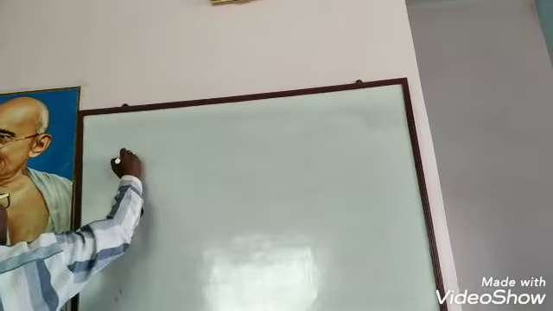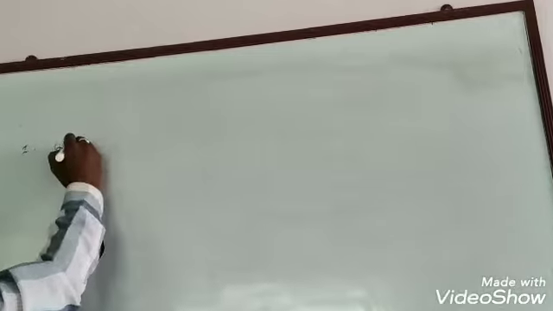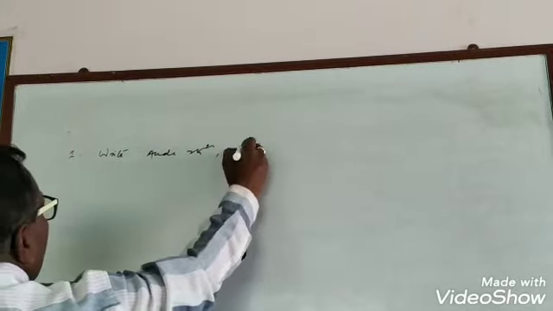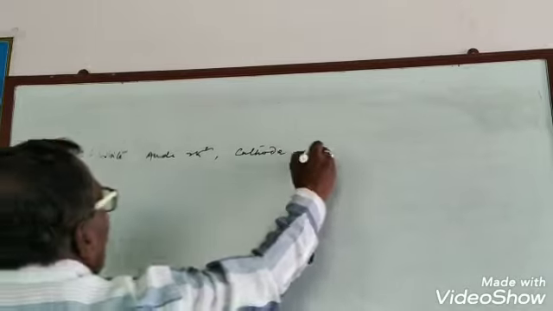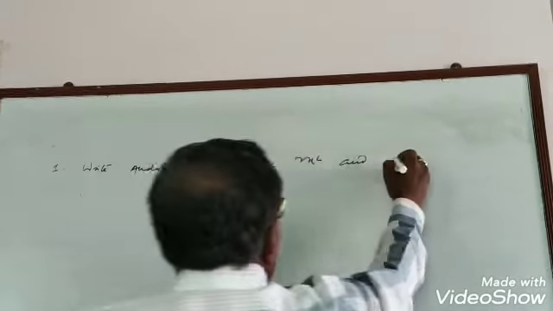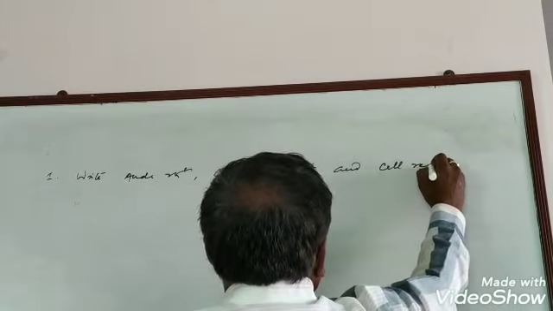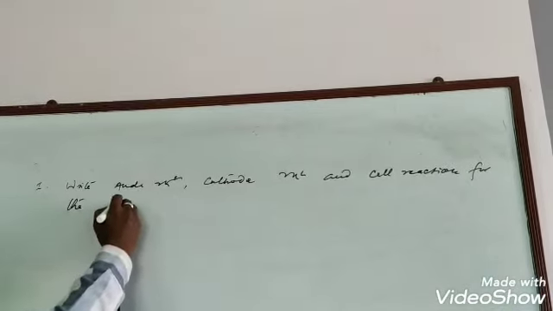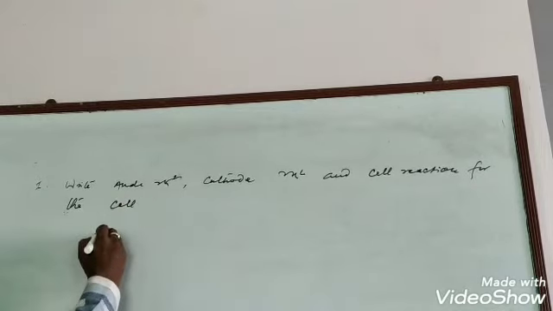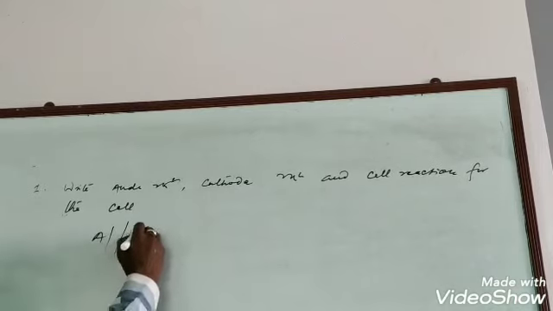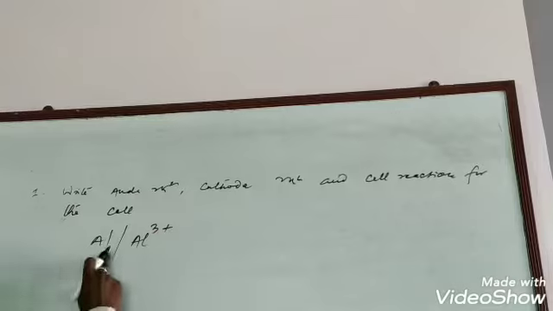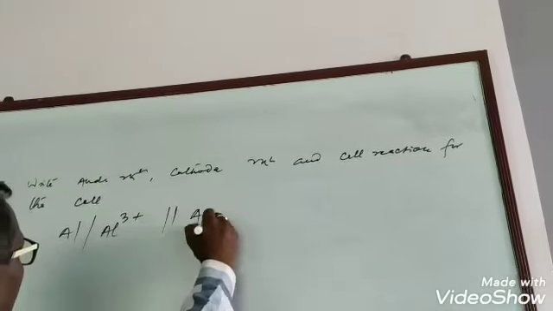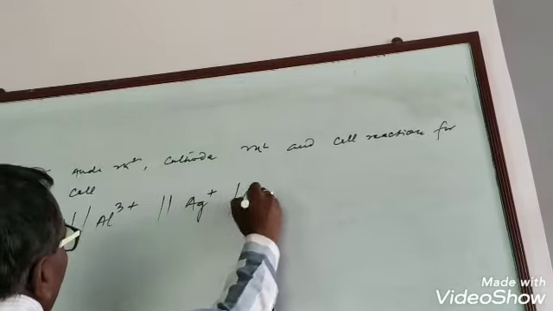Question number 1 is: write anode reaction, cathode reaction and cell reaction for the cell Al | Al3+ || Ag+ | Ag.